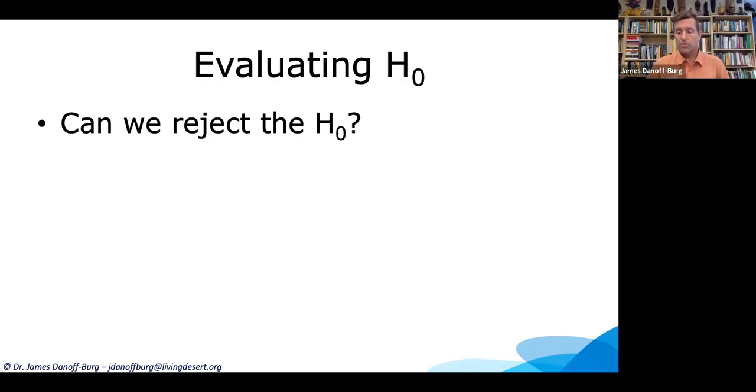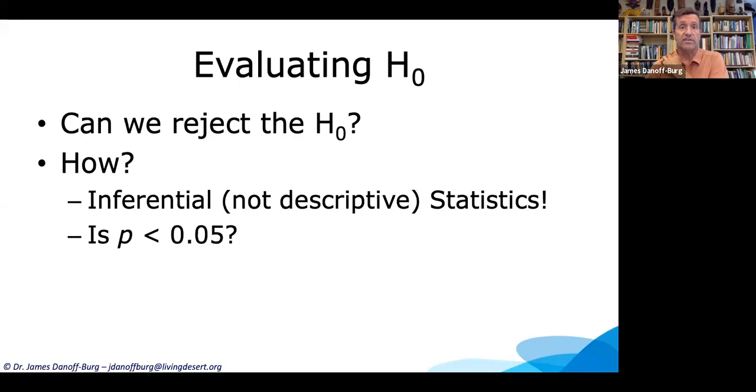So how do we test whether we can reject the null? Well, we do an inferential statistics test analysis. We run a chi-squared, we run an ANOVA, we run a t-test, we run something. And then we figure out whether the level of significance, which is usually summarized as a p-value, where p stands for the probability value, that the results that we got would happen in less than 0.05, or 5% of the time.